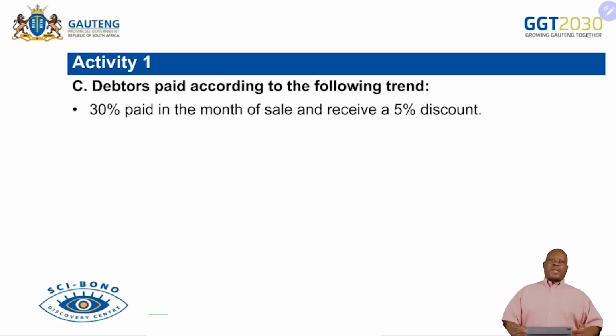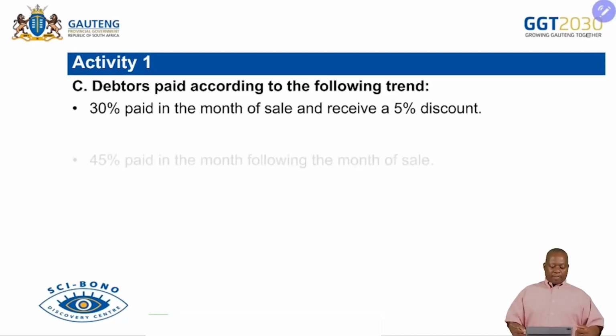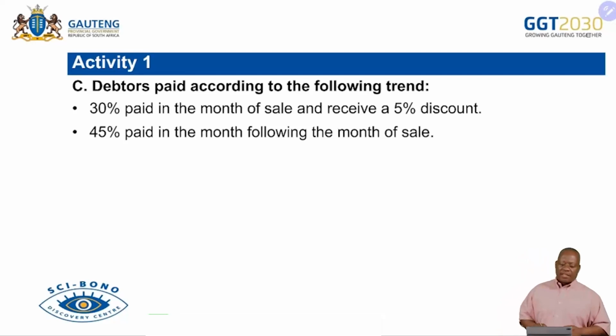So the first thing that they are saying is 30% paid in the month of sale, and we always gave them a discount of 5%. So we expect 30% to pay in the month of sale so that they can get a discount of 5%. 45% paid in the following month. No discount on that one.